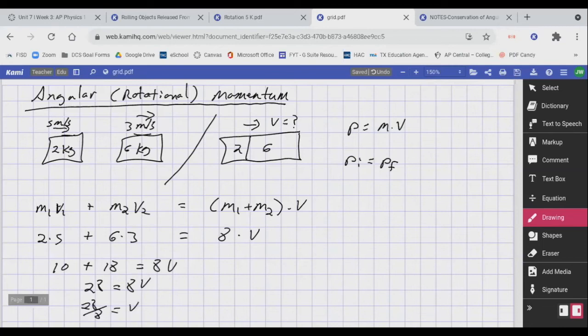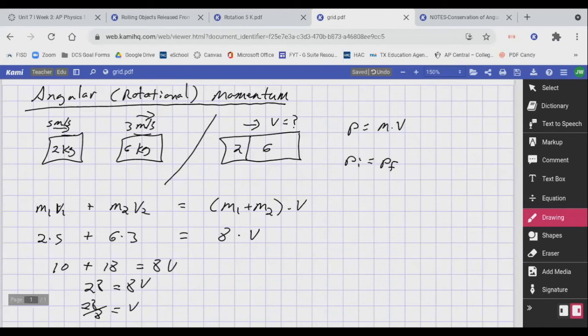I really don't care to clean it up any further than that because it doesn't really matter. This is just an example of our linear momentum. We knew it was conserved. We know it's mass times velocity. It's mass in motion. If you're not moving, you don't have momentum. But you're going to take all the components from before, their momentum, and make it equal to after.